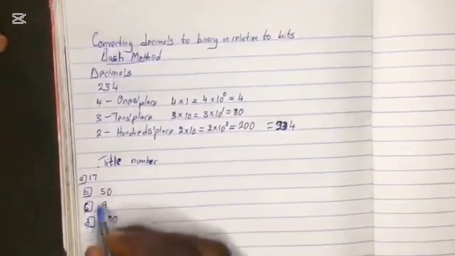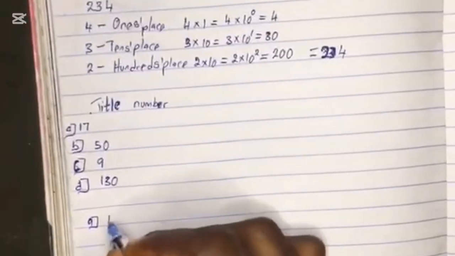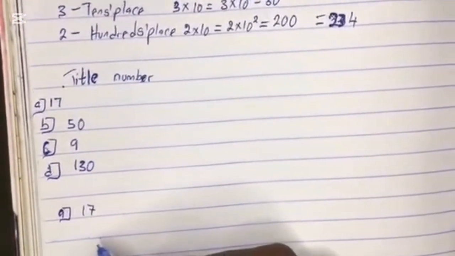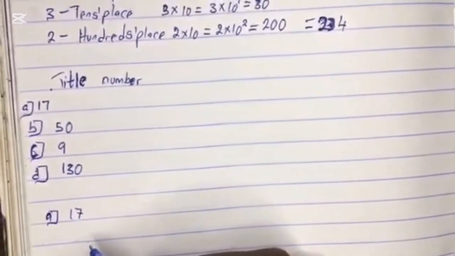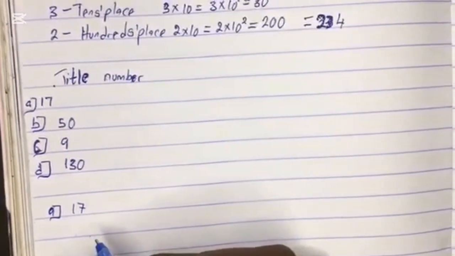For the first one, which is 17. In bits, I told you earlier that you can only save one number in a bit, but in a byte you can save 8.